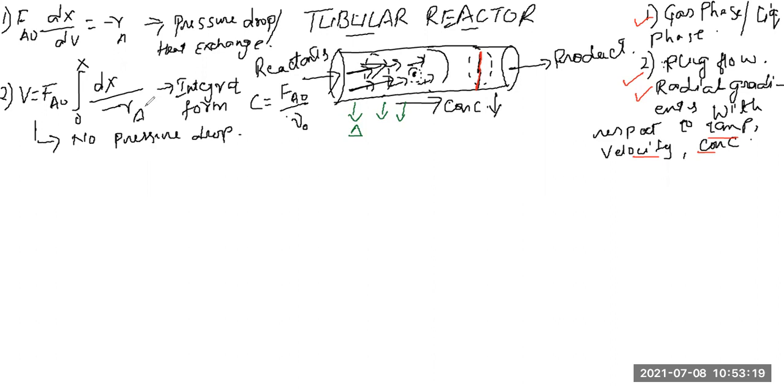So these are two important design equations for tubular reactors. The differential form would be used in case of pressure drop or heat exchange, and the integral form would be used in case of no pressure drop or no heat exchange.